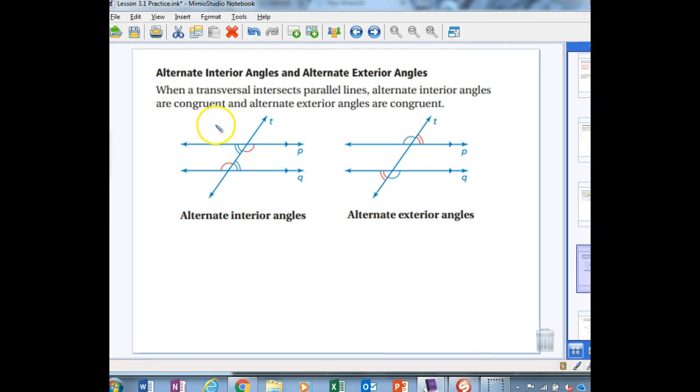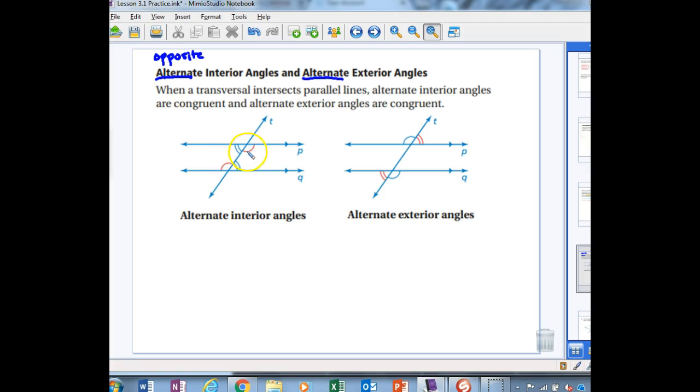Okay, so alternate interior. This word alternate means opposite. So that's a good little side note to put there. So on the opposite side of the transversal, again, alternate. If we're looking at alternate, here's your transversal. These are your parallel lines, because they are marked as parallel.